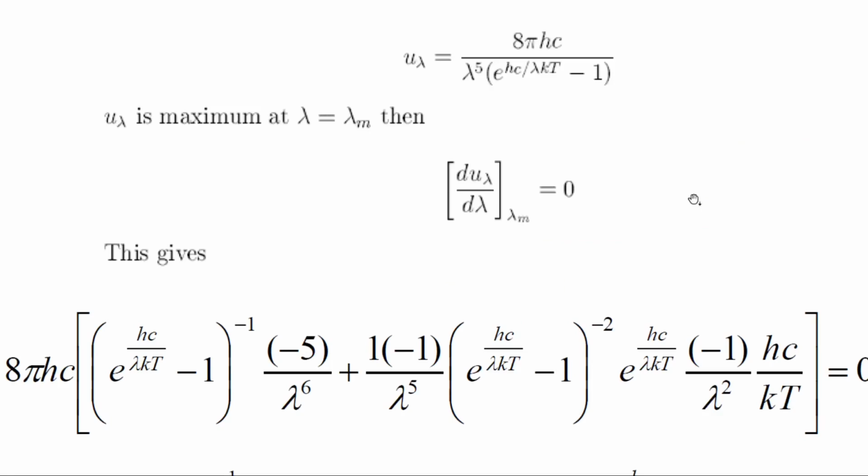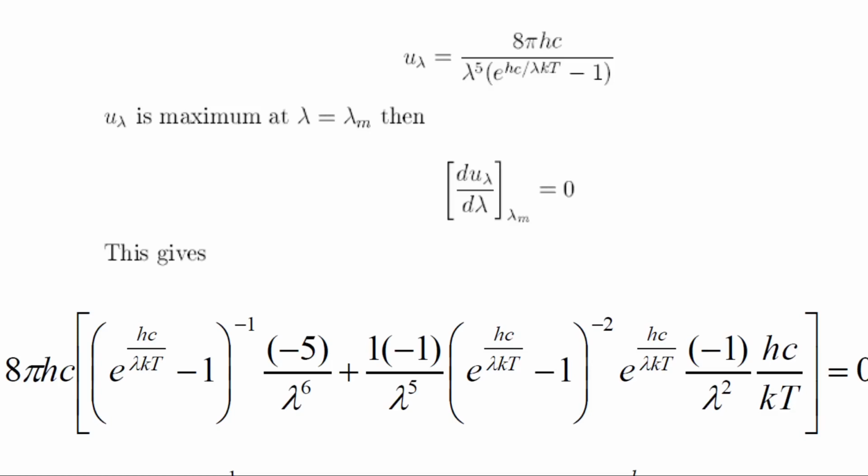Now applying the product rule, I have taken 8 pi hc as a common factor since it is a constant. I have taken it out of the differentiable term. Now I will use the product rule to differentiate this. It means keep the first function as it is, differentiate the second term, plus keep the second term as it is and differentiate the first term.